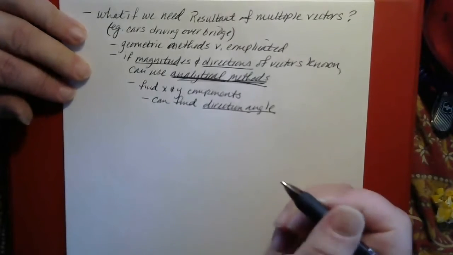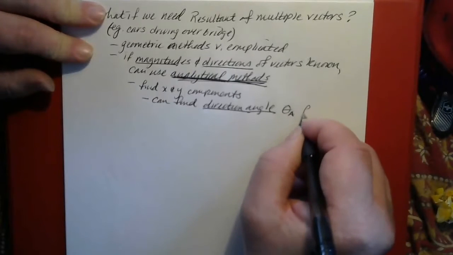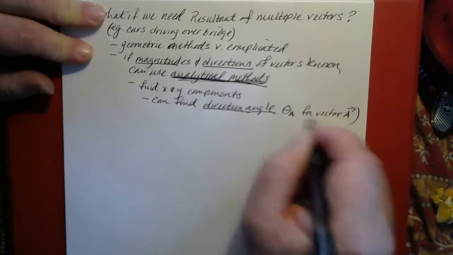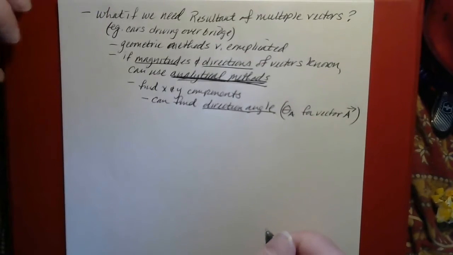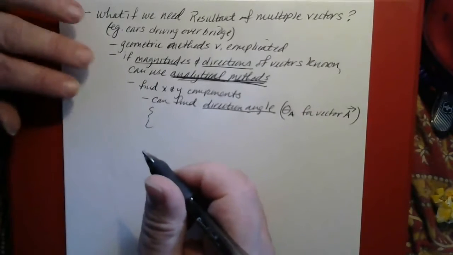What we're concerned about here is what's known as the direction angle, which we'll call theta A, if the vector is called A. And there are a couple equations that we can use for this.